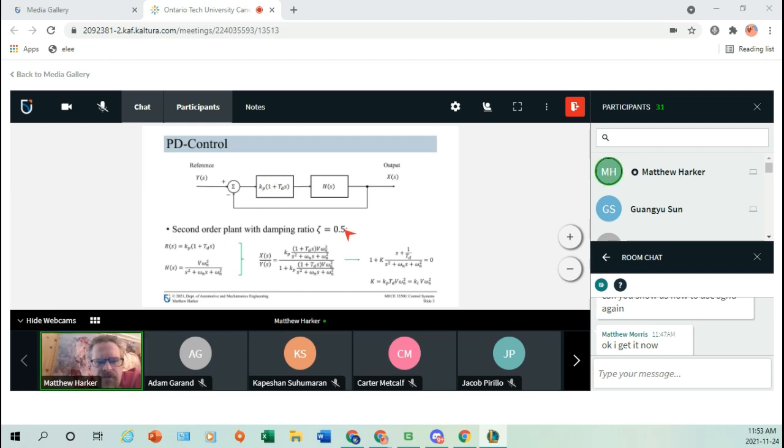Again, I'll just take the example of zeta is 0.5. That's the parameter of the plant we want to control, just so we don't have too many parameters to vary here. And we have nice simple equations. So we'll take this controller and this plant, and put together our closed loop transfer function, just for reference here. As I said, we're really interested in this characteristic equation in the denominator, and we put that into our root locus form.